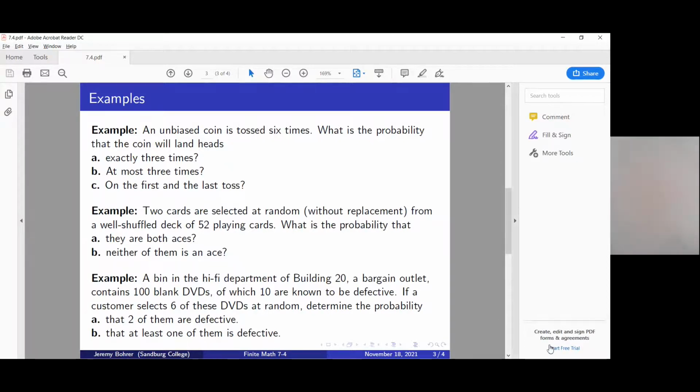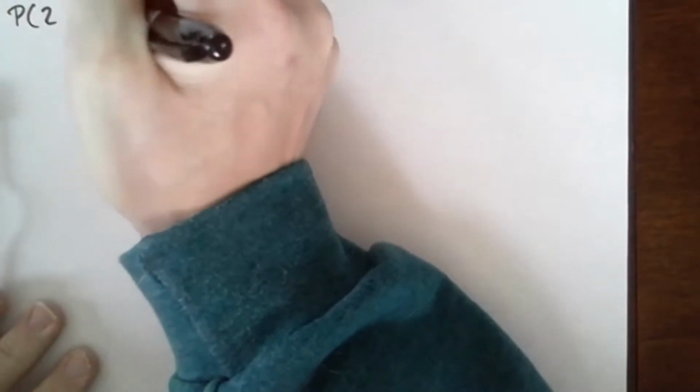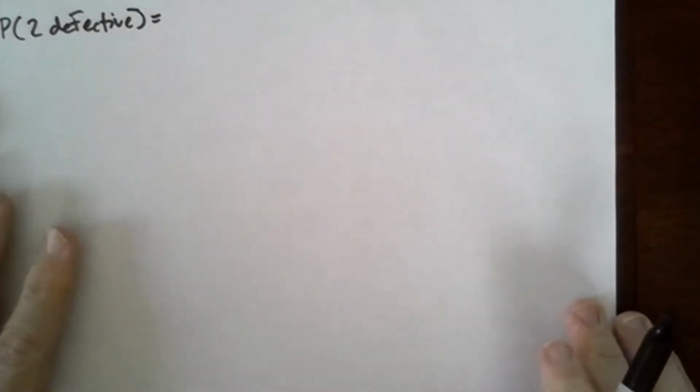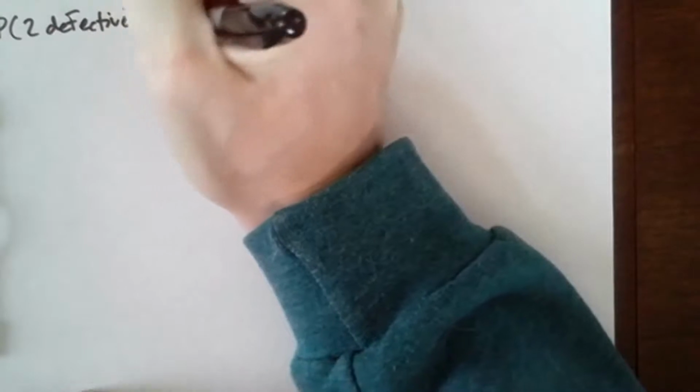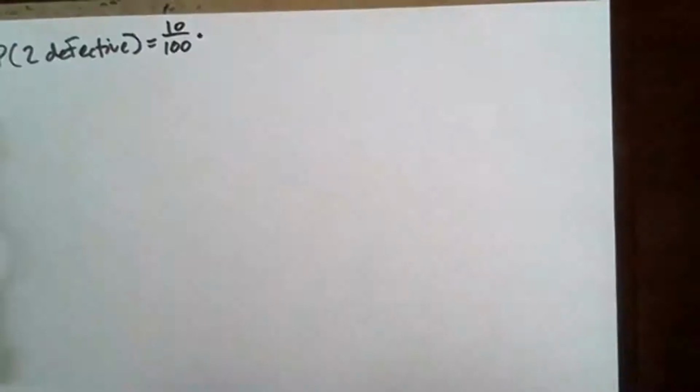Well, first we consider the probability that both are defective. And that's going to be the probability that the first is defective, which is 10 out of 100, or 1 in 10, times the probability that the second one is defective, given the first one is defective.